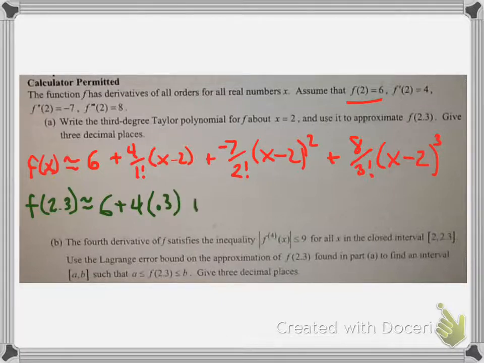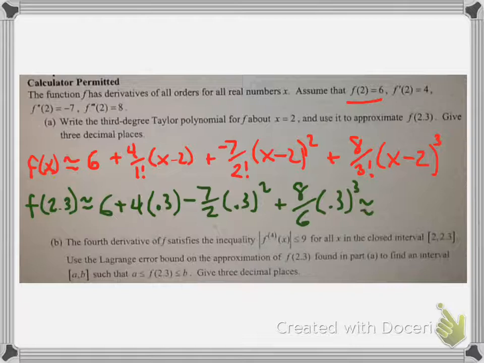And then minus, because we see that negative 7 over 2 factorial, which is 2, times 0.3 quantity squared. And then plus 8 divided by 3 factorial, which is 6, times 0.3 quantity cubed.